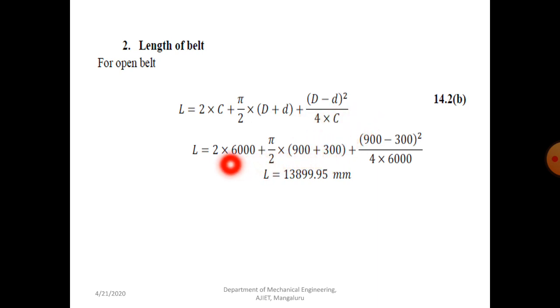So if you substitute all the values, c is nothing but center distance 6000, pi divided by 2 into (900 plus 300) plus (900 minus 300) whole square divided by 4 into 6000. So you will get the length of the belt as 13,899.95 millimeters. So this is the length of the belt.